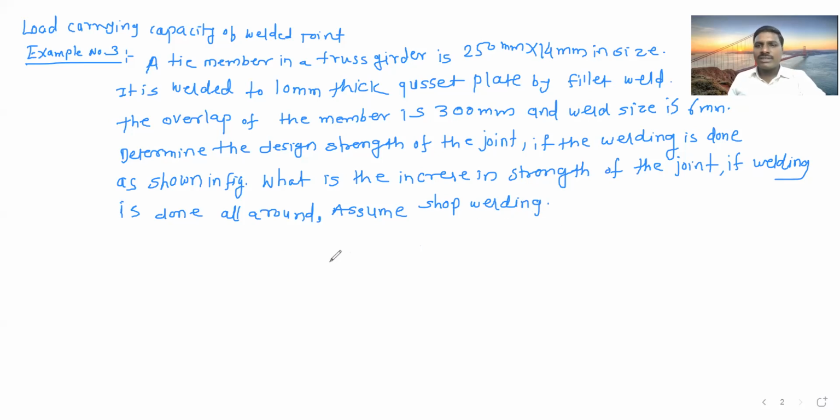So here, which type of welding is given? Fillet weld. So the type of weld given is a fillet weld, because depending on the welding, our formula will change. We have seen three formulas for the calculation of the design strength of the weld: two formulas for groove or butt weld and one formula for the fillet weld.